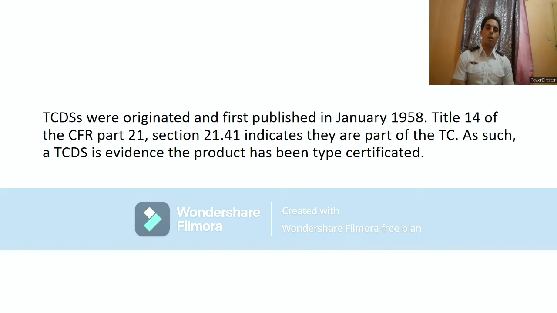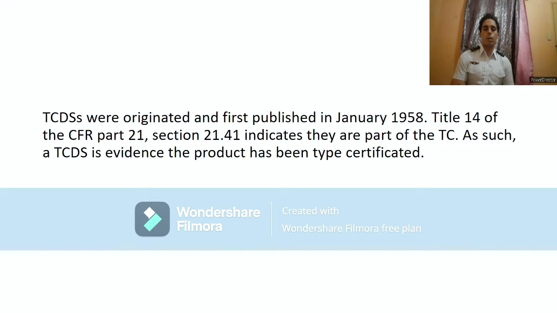TCDS were organized and first published in January 1958, Title 14 of the CFR, Part 21, Section 21.41. They are part of the TC.